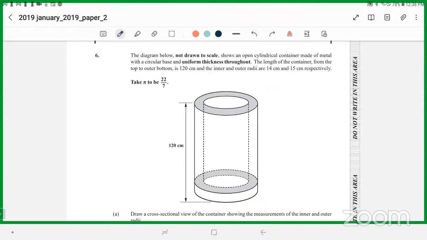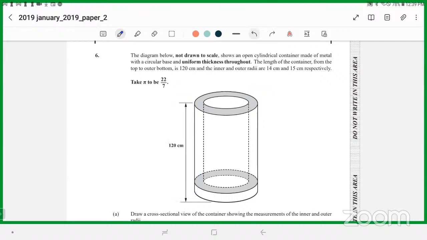An open cylindrical container made from metal with a circular base and uniform thickness throughout. So the thickness of the material is the same all the way to the bottom. Uniform thickness throughout, put in bold letters so you can't miss it. It says the length of the container from the top to the bottom is 120.